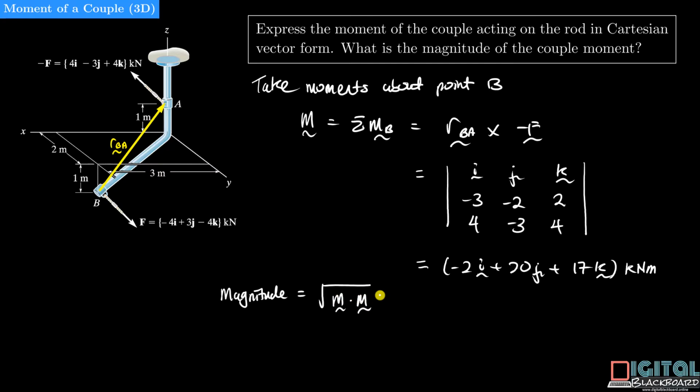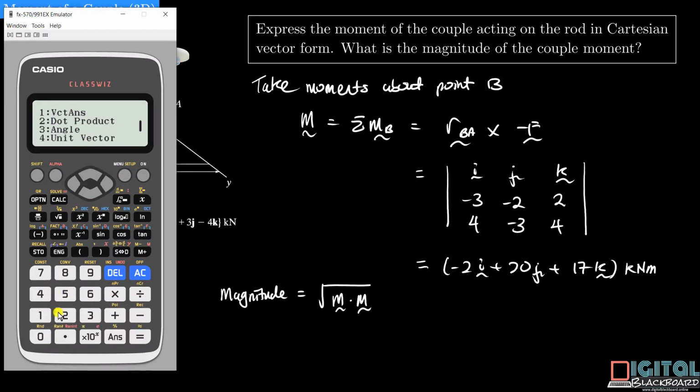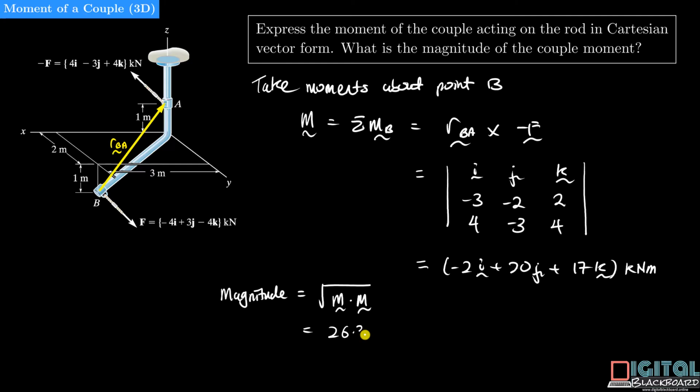So using the calculator, go to option, choose vector answer, which is the last answer, the couple moment, and then go to option, dot product, and go back to option again and select the vector answer. Then remember we have to square root this dot product and put a closing bracket. So the magnitude of the couple moment is 26.3 kilo Newton meter.